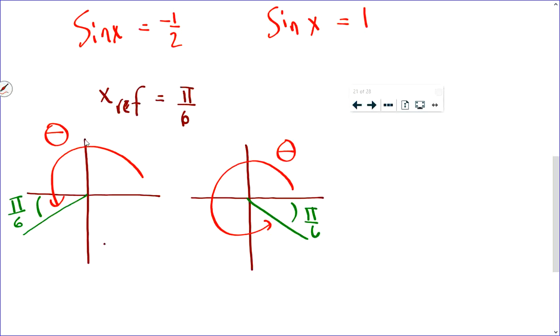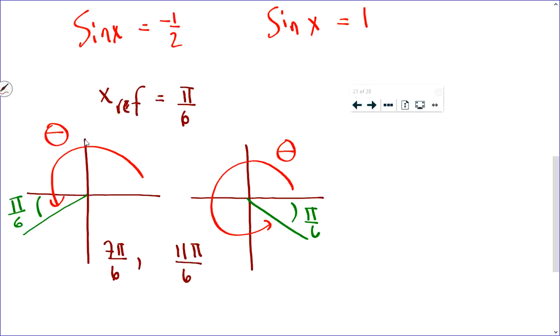I really hope that determining that the first one in quadrant 3 is 7 pi over 6 and the one in quadrant 4 is 11 pi over 6 is kind of simple, doable.